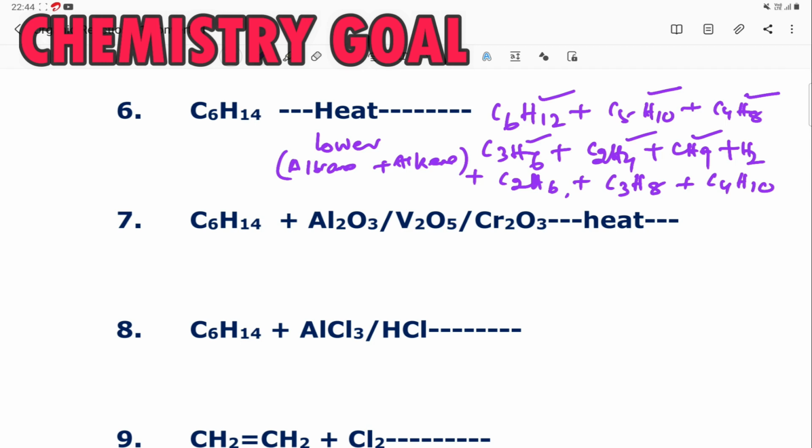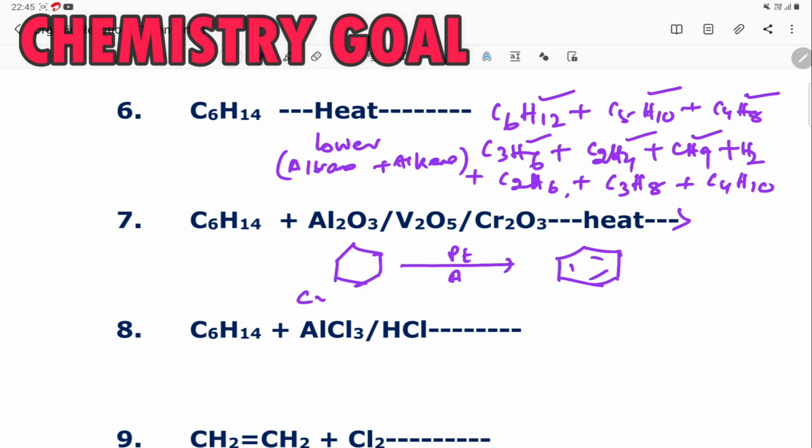Then question number 7, this reaction is the same hexane reacting when heated in presence of aluminum oxide or vanadium pentoxide or chromium oxide. It undergoes dehydrogenation. It forms a cyclic product. The main product is cyclohexane. Then when it is heated with platinum, it produces benzene.